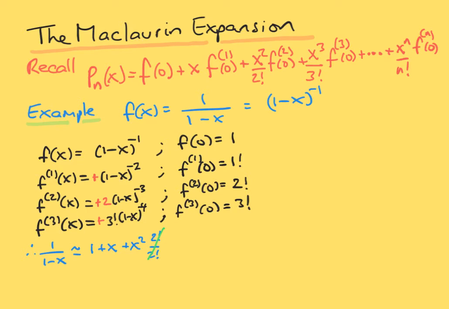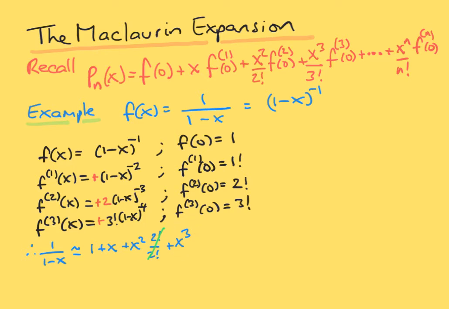And then as we carry on adding these terms on, we get in a similar way plus x cubed from here, multiplied by the third derivative at 0, and that's 3 factorial divided by 3 factorial, so we just get x cubed.